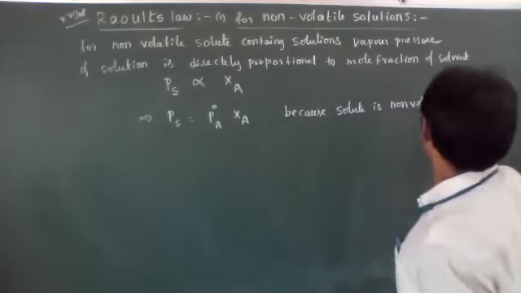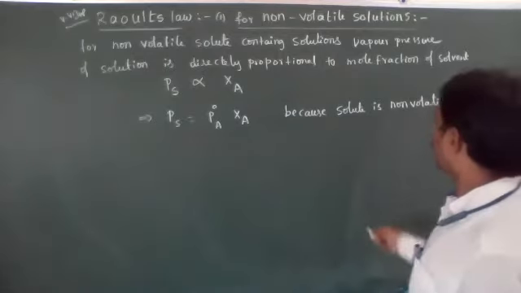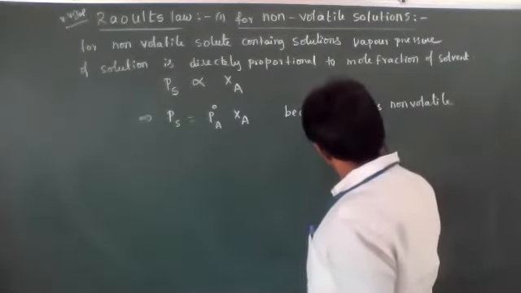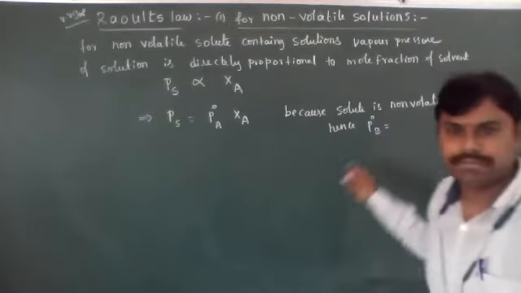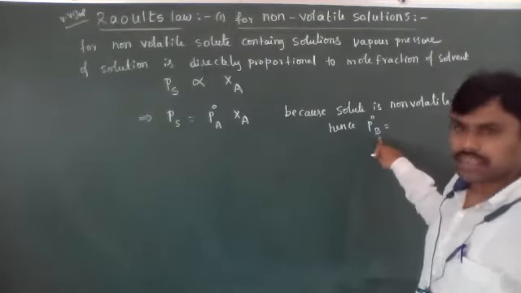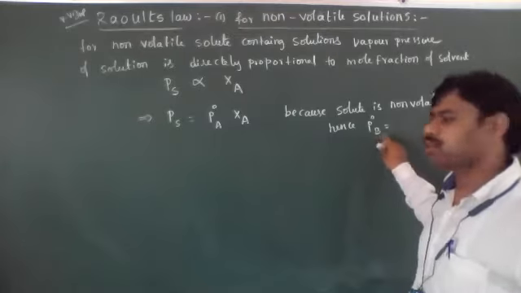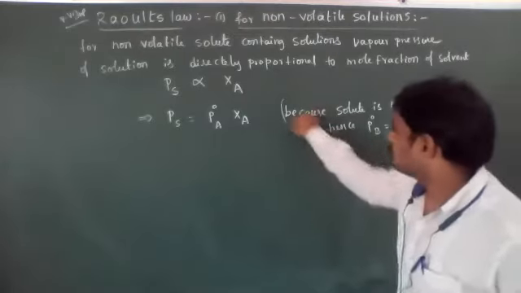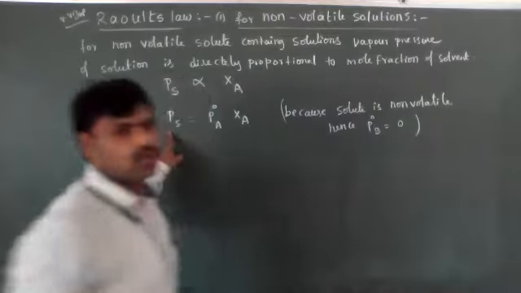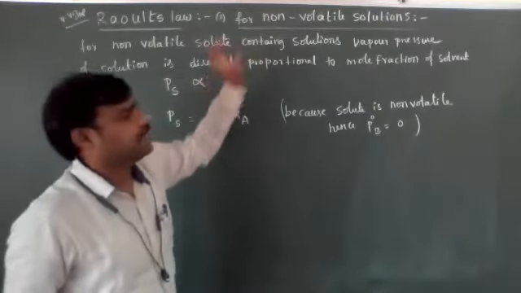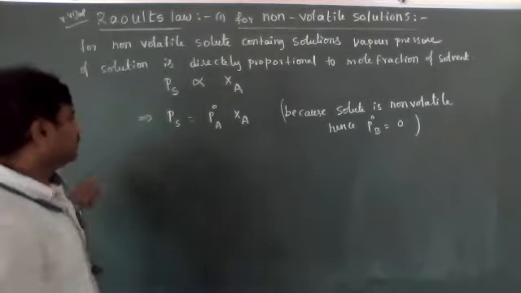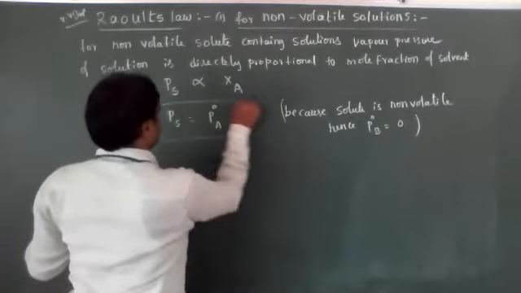Since the solute is non-volatile, its P naught B, taking the solute as B, the vapor pressure in pure state is equal to 0. That's why the vapor pressure of solution is equal to P naught A into XA for non-volatile solutions. Okay, this formula is very important, dear students.